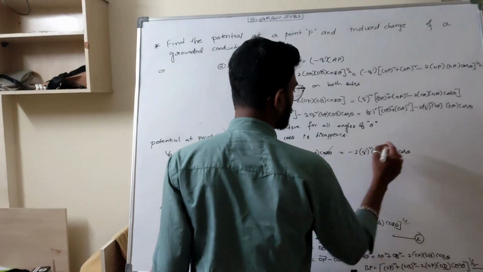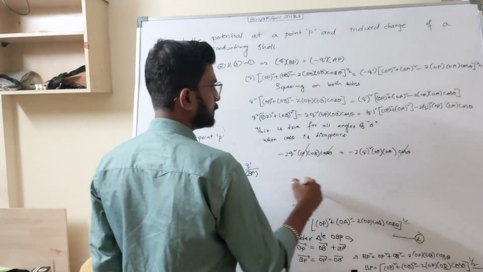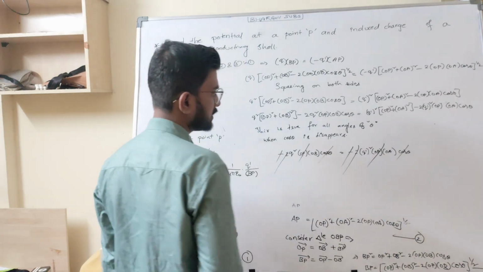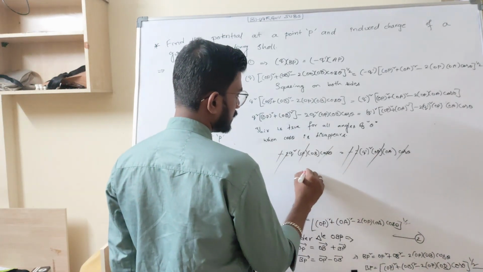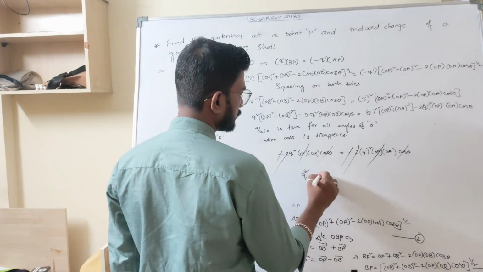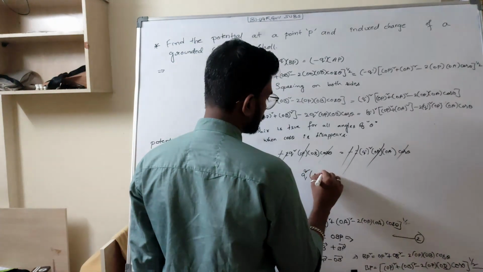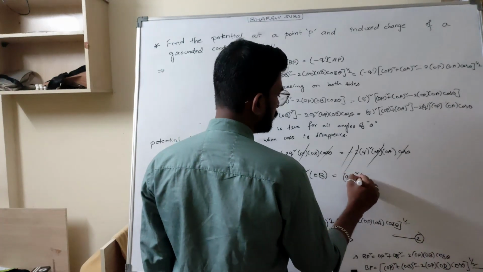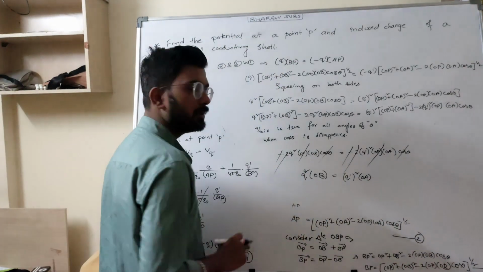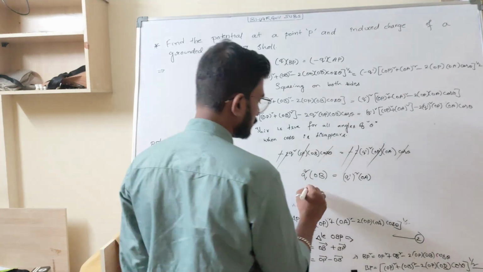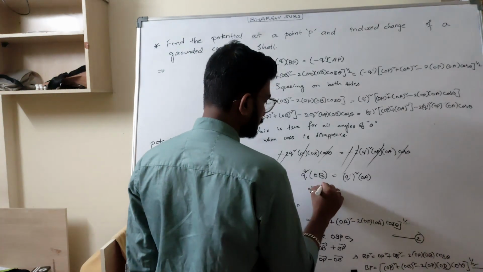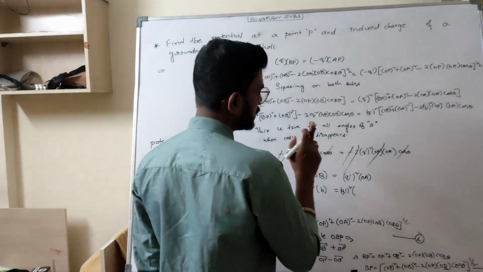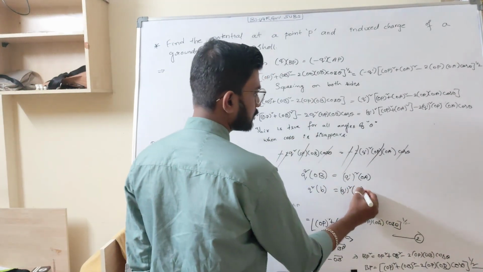Here cos theta gets cancelled, OP gets cancelled, 2 gets cancelled, minus gets cancelled. Finally, what is left? Q square into OB is equal to q dash square into OA. We took the distance OB as small b, so q square into b is equal to q dash square into OA, the distance from O to point A, which we took as small a.